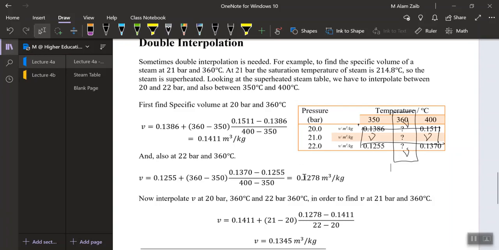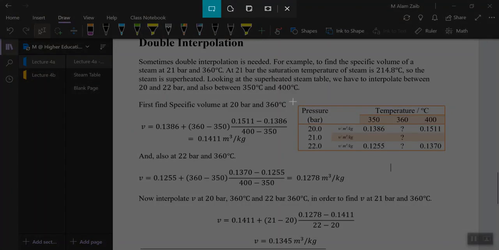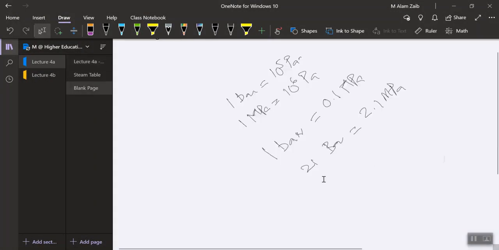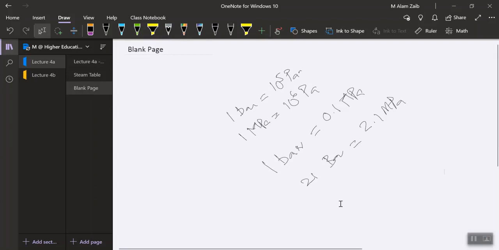Okay. So first thing first, let me take this example to another page so we can solve it over there. Okay, now let me put it in a blank one.